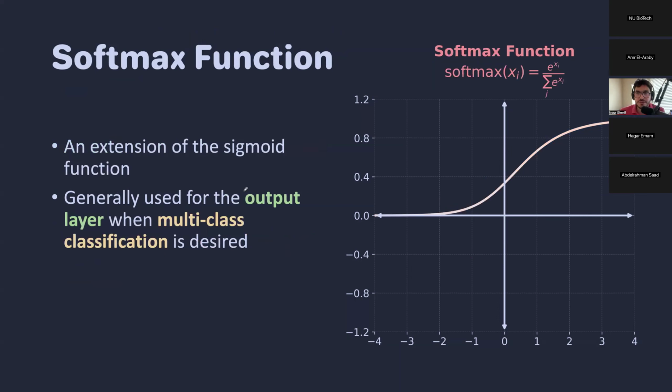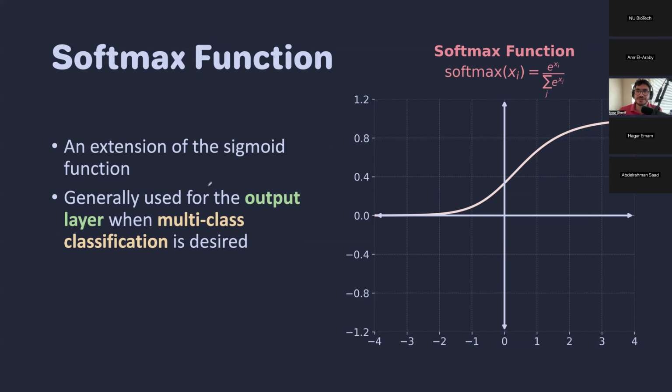Another variation of the logistic function is called the softmax function. The formula of the softmax function is quite different, but you can tell that the final shape of the function looks fairly similar to the sigmoid function. The only difference between them is that this function can actually produce multiple outputs.